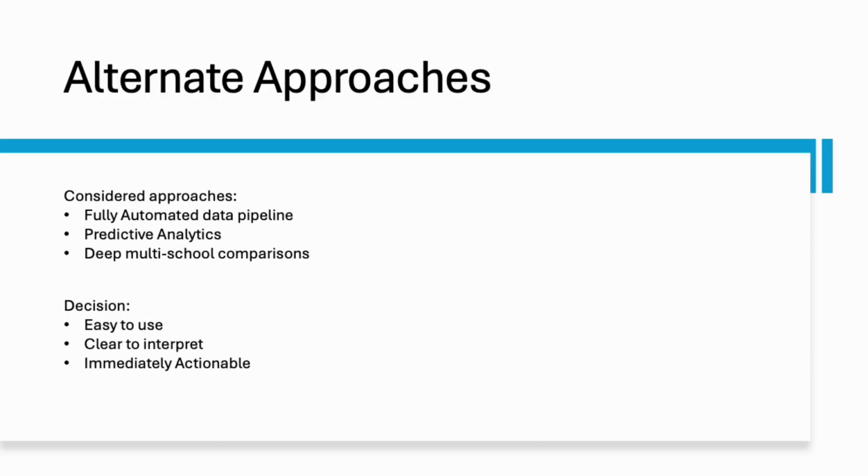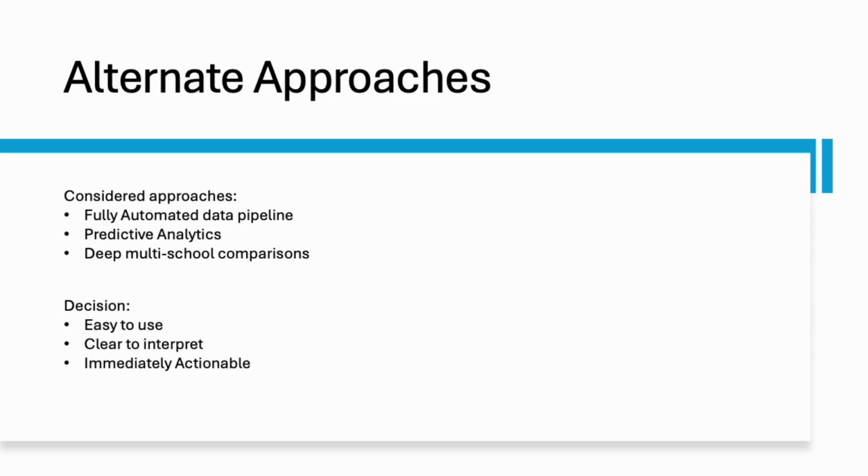Yeah, so before we go into the app, I want to address some alternate approaches. I did consider more advanced options like a fully automated data pipeline, and including predictive analytics, such as how students might perform based on what region they are in or their academic performance.